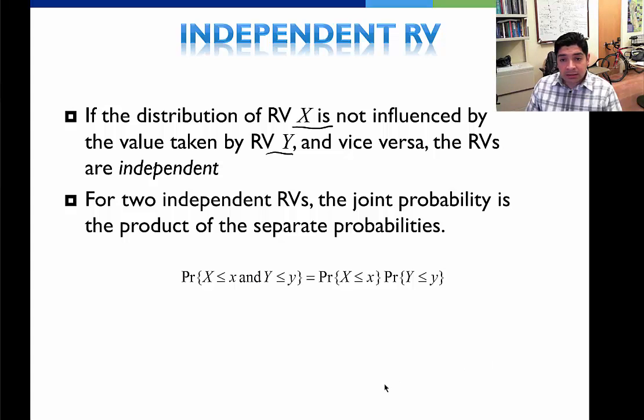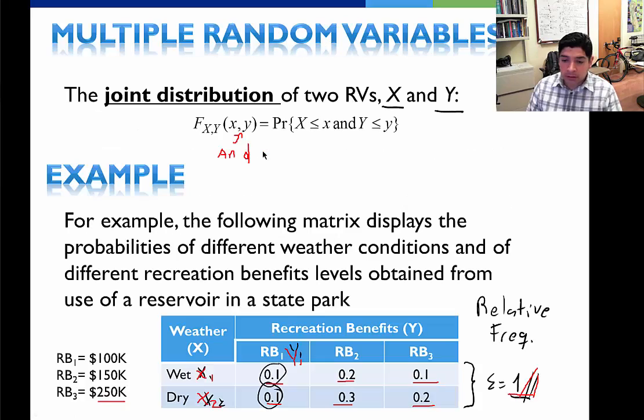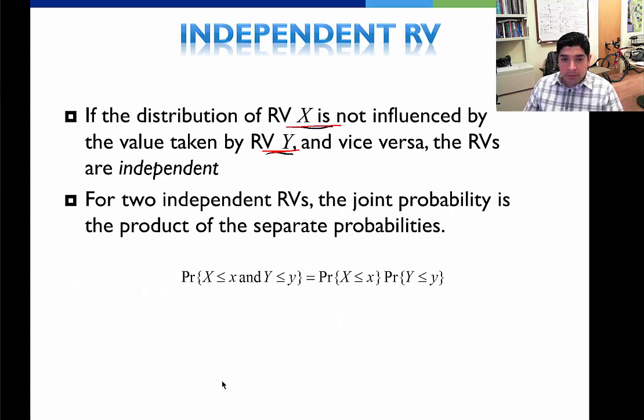What that means is that when an event X happens, it is not influencing whether this other event Y happens. So the weather does not depend on the benefits or on people coming, or vice versa. This is a big assumption, and what it means is that these two are independent. There are very few variables that might be truly independent, but for the sake of doing some of this math, that is important.